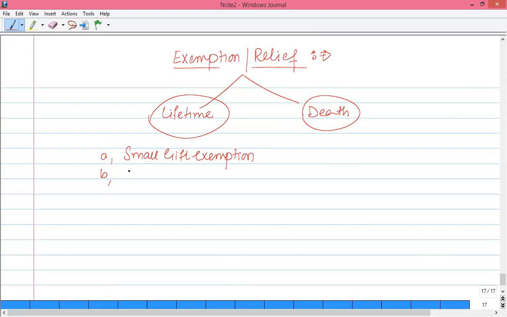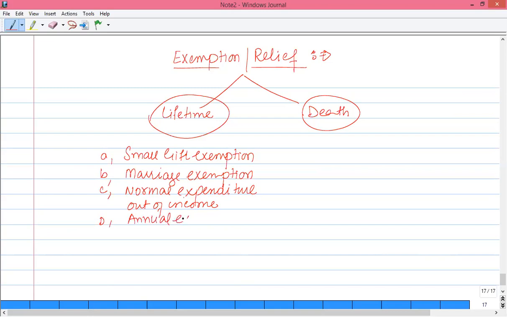Another one is marriage exemptions, normal expenditure out of income, and then annual exemption. These all are available for PET, but only annual exemption is available for CLT.